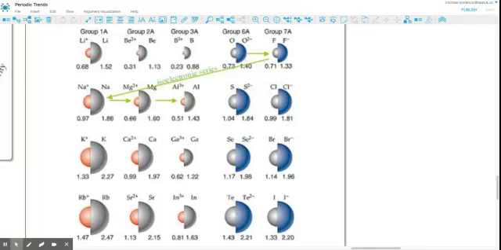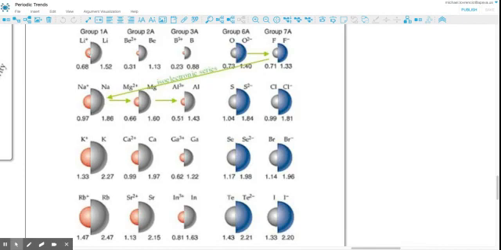Think about it: the nucleus is not changing. You have the same size nucleus, but now there are fewer electrons to hold on to. So all the electrons feel a greater pull from the nucleus, and that nucleus pulls everything in that much tighter.